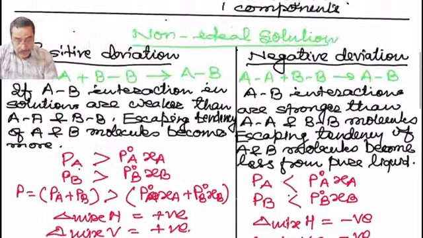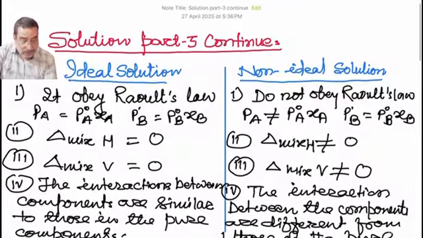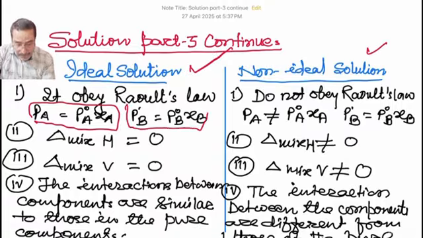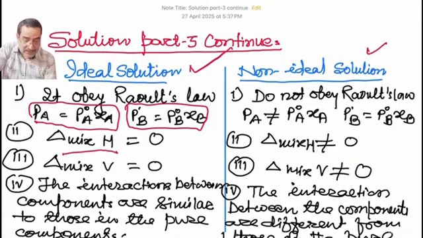So on that basis, how do we distinguish the ideal and non-ideal solution? The solution which obeys Raoult's law, that is PA equals P naught A XA and PB equals P naught B XB. Second condition, delta H mixing, that is the change in enthalpy of the solution, is 0.